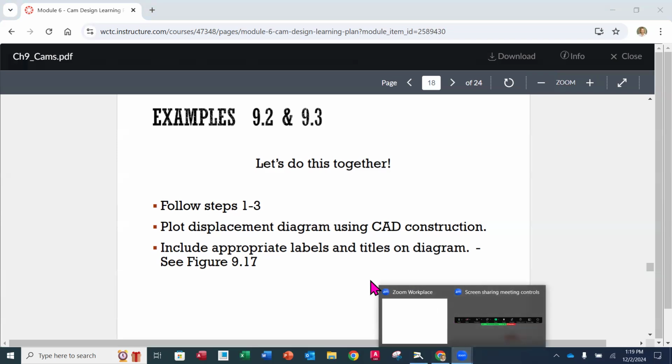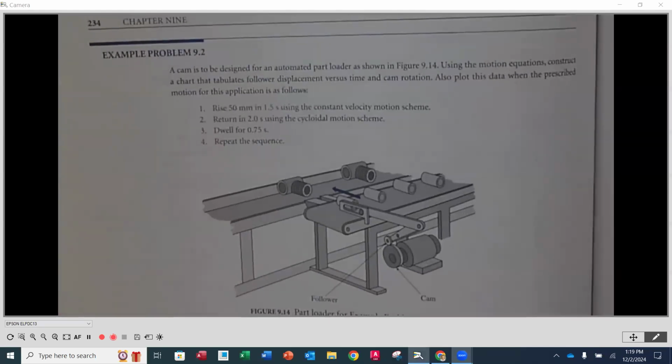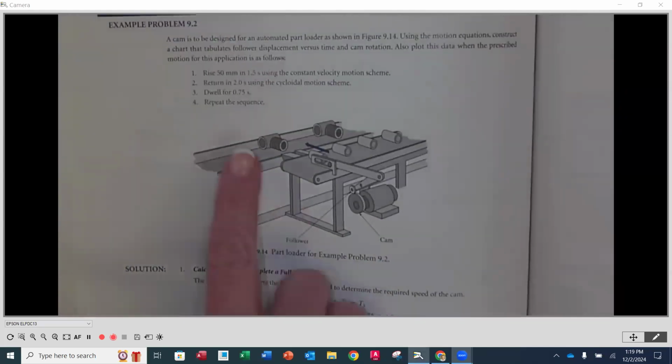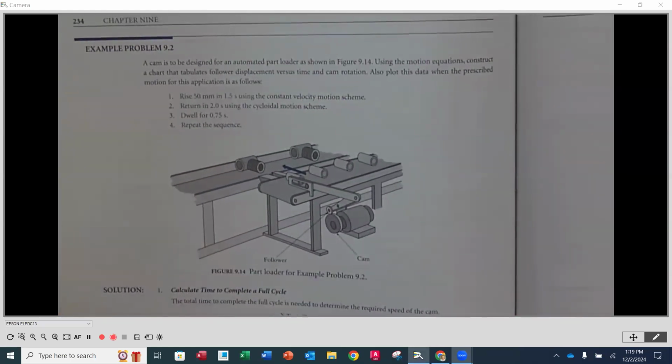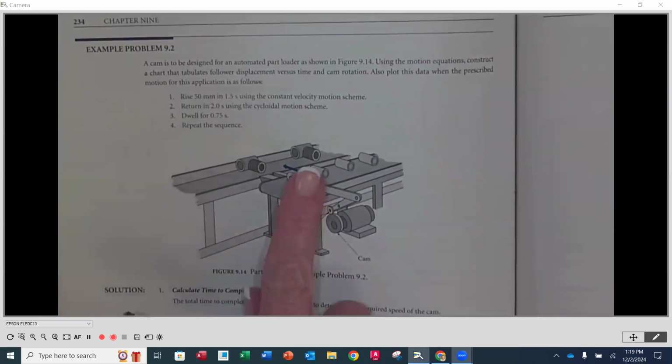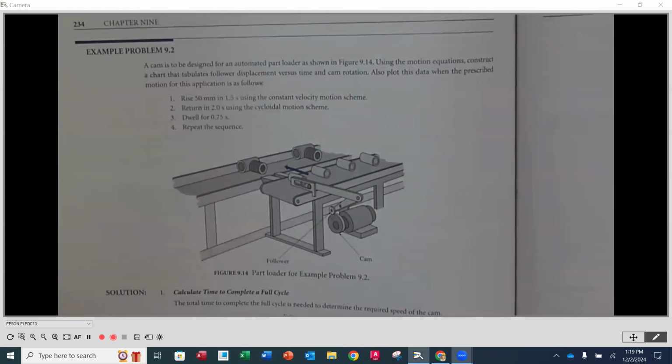So let me go underneath our camera. So example problem 9.2 is going to be at the top of page 234. It says we have a cam is to be designed for an automated part loader as shown down here. Okay, using the motion equations, construct the chart that tabulates the follower displacement versus the time.